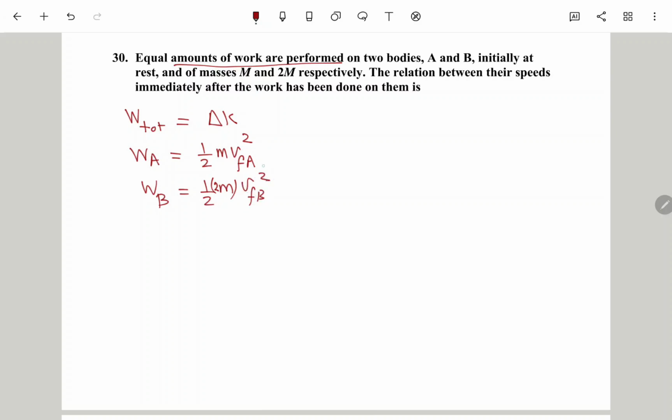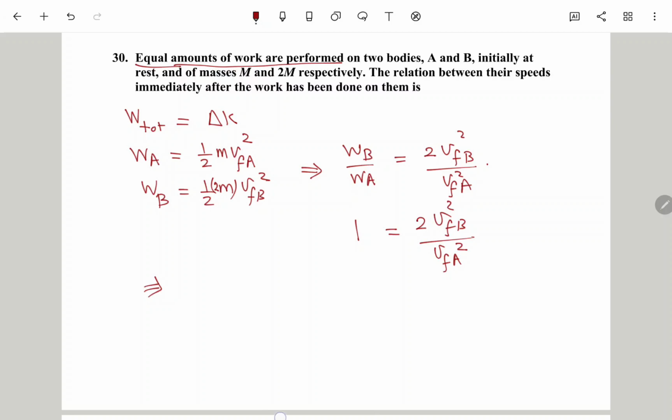If you divide these two equations, you will get work B over work A equal to 2 V final B squared divided by V final A squared. And from the question here, the amounts of work performed on the two objects are equal. It means work B divided by work A, it's 1, equal to 2 V final B squared divided by V final A squared.